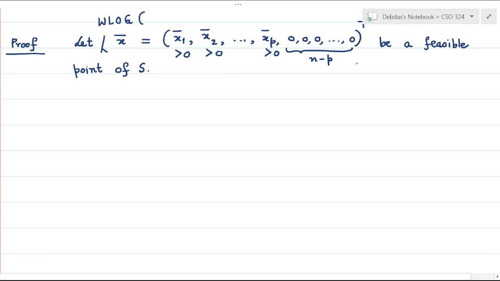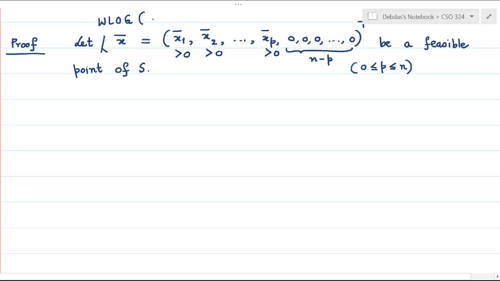P is in between. All the components may be zero, in that case p will be just zero, or at max it will be n. So without loss of generality, we are keeping the first few variables of x bar non-zero, then later on all the components are zero.